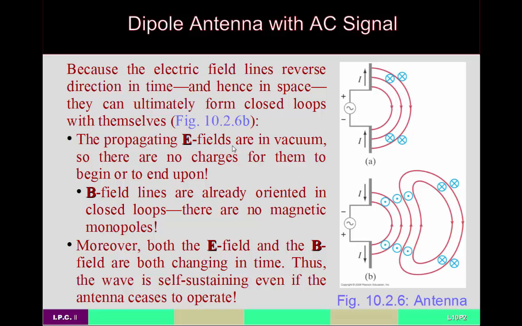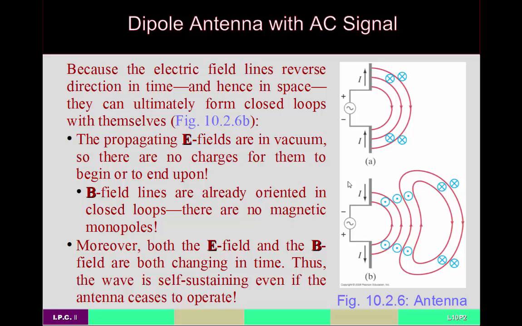Okay, so this means that you have both an electric field and a magnetic field that are propagating outward. Now, the electric field lines reverse direction in time, and therefore they also reverse direction in space at a given point in time. And so what this means is that the electric field lines can ultimately form closed loops. So these red guys down here are basically the closed loops formed by the electric field lines.